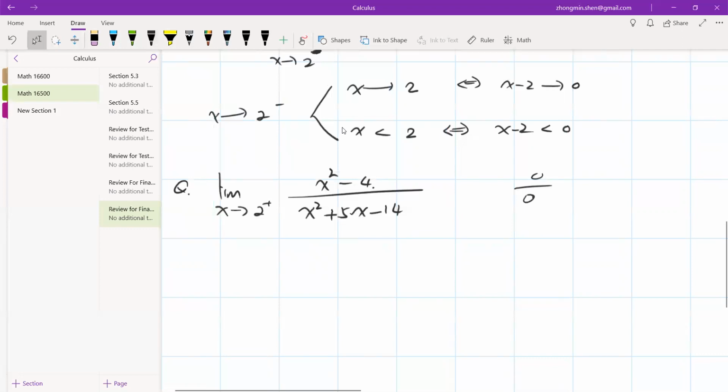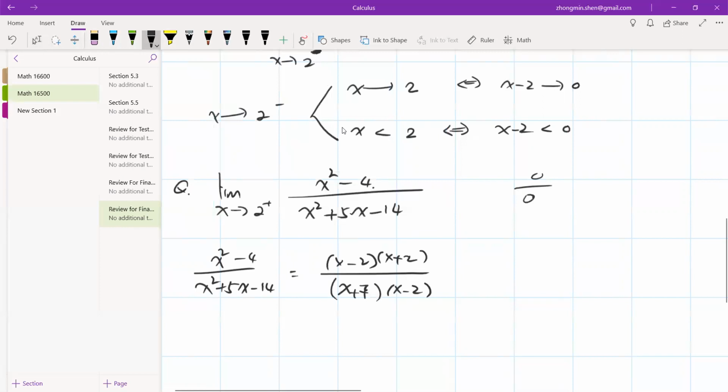So the limit probably is not going to be infinity. Even though the denominator approaches 0, the numerator also approaches 0. So you should simplify. You should simplify the first x minus 2, x plus 2, x minus x plus 7, and x minus 2.